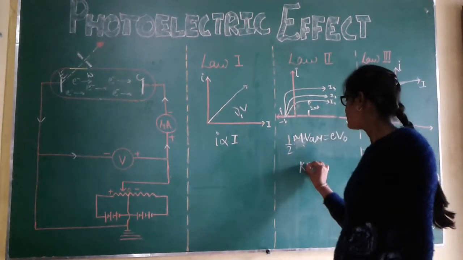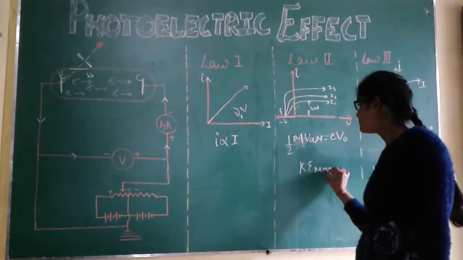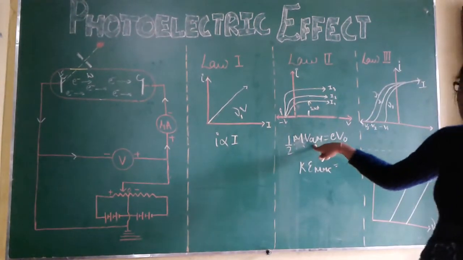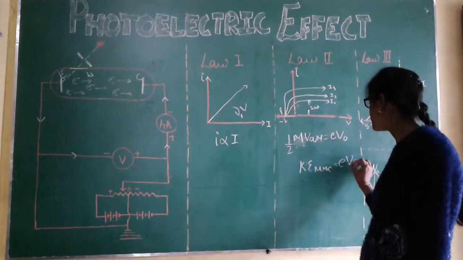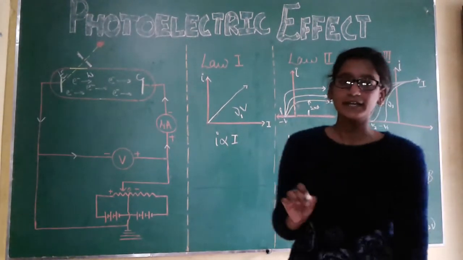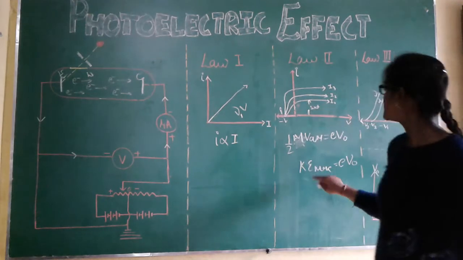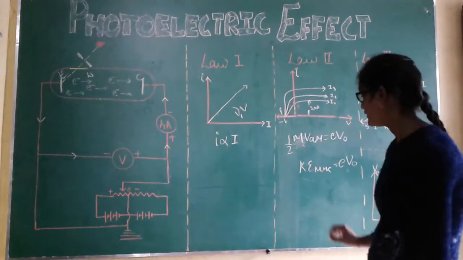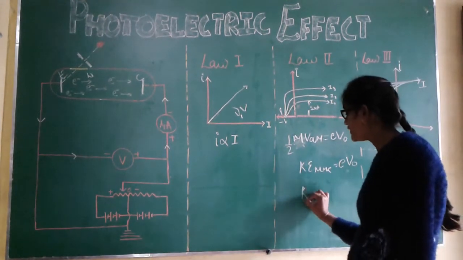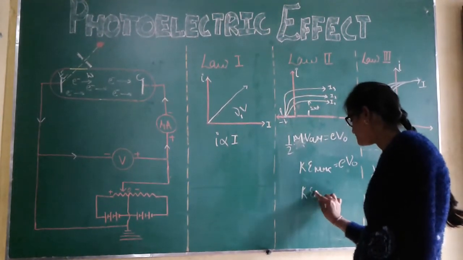So kinetic energy will be maximum because the velocity is maximum and mass is not varying. So kinetic energy is equal to eV naught. Here we can clearly say that the kinetic energy does not depend upon the intensity. This is our second law, that is, kinetic energy does not depend upon intensity.